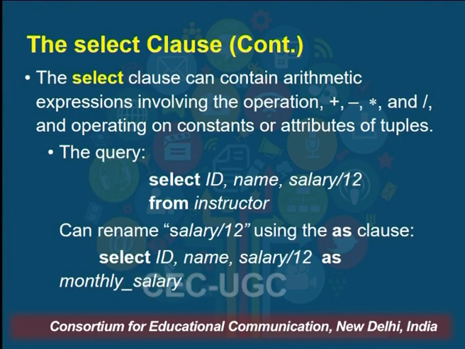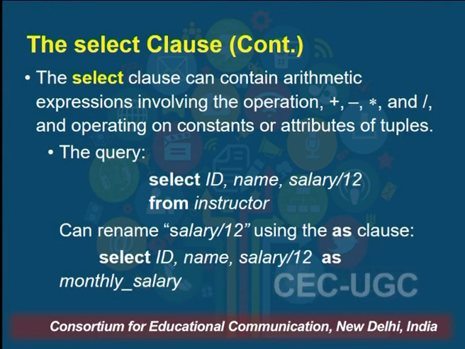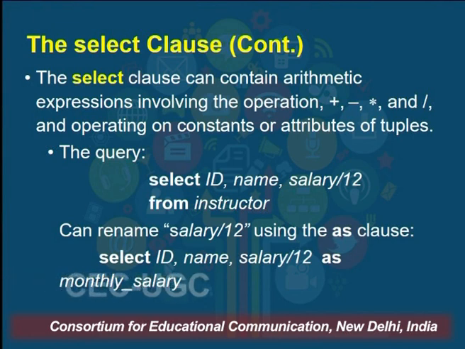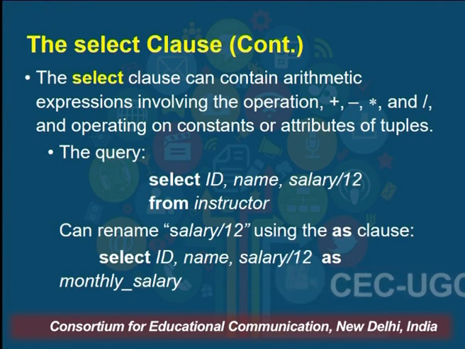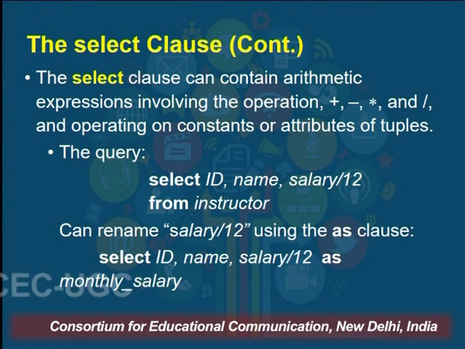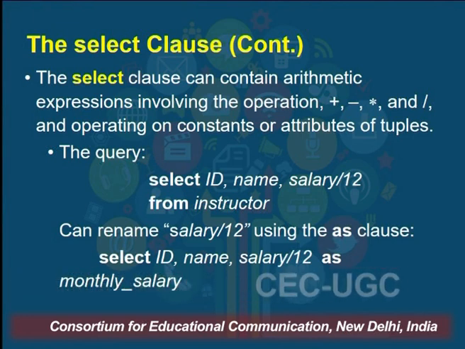One of them is that the select clause can contain arithmetic expressions, and these can involve the operations plus, minus, multiplication, division, that is addition, subtraction, multiplication, division. These operations can be applied either on the attributes of tuples or on constants as well.